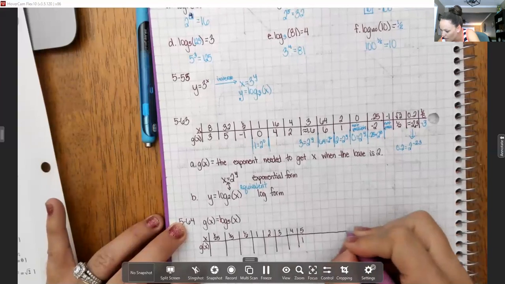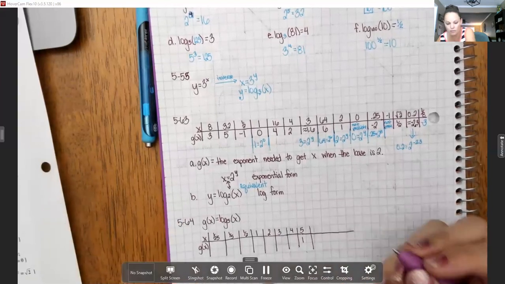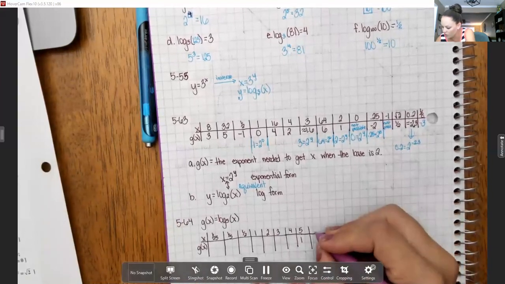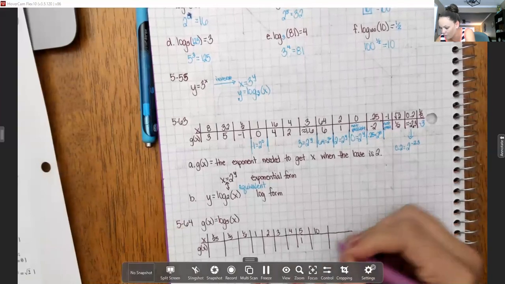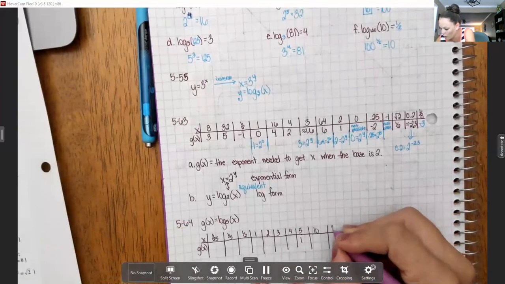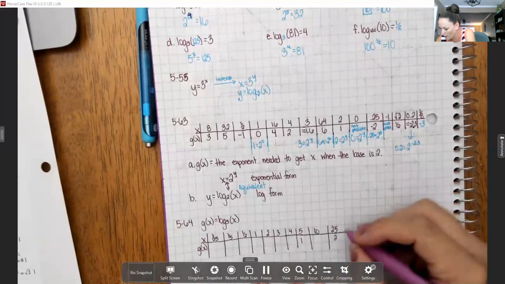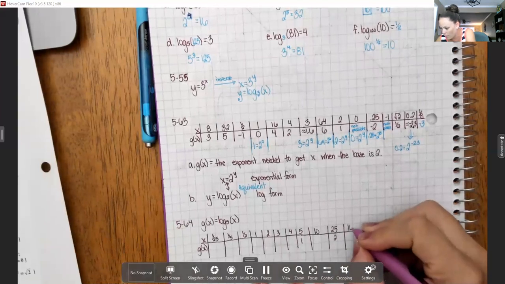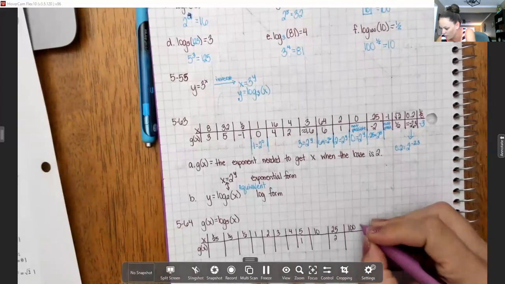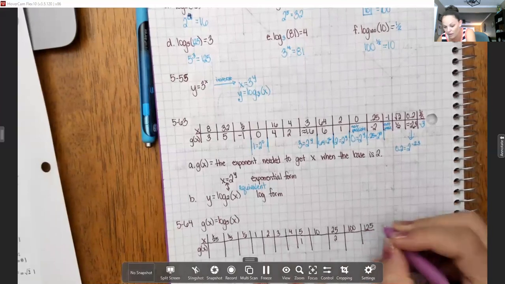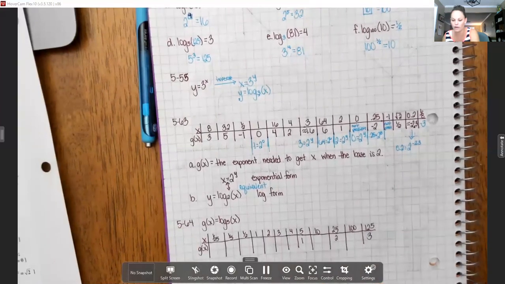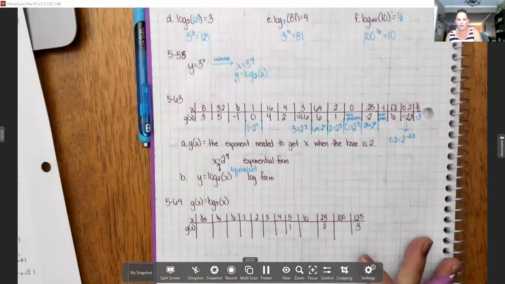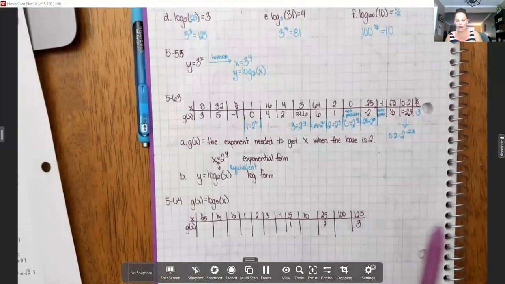There's a few that they give us. I'll just do 10 also, and then I'll skip to 25 is 2. And then 100 and 125. They give us 125 is 3.